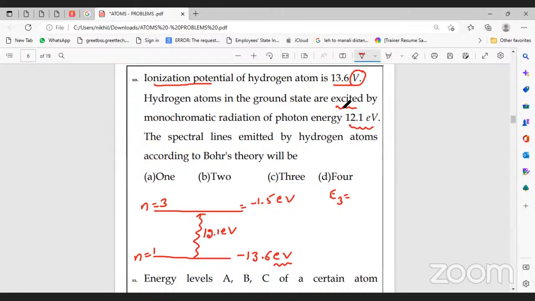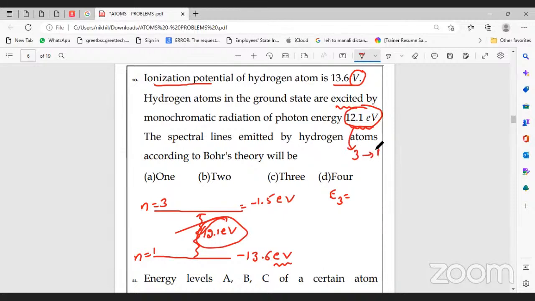Minus 1.5 electron volt. So if you take the difference from 3 to 1, the difference will be 12.1 electron volt. So in order to get this 12.1 electron volt, the electron should make a transition from 3 to 1.